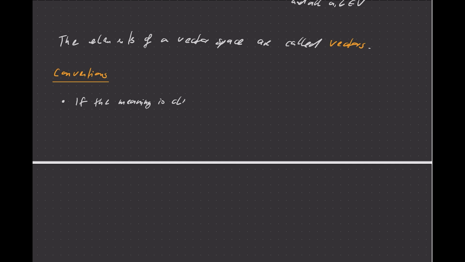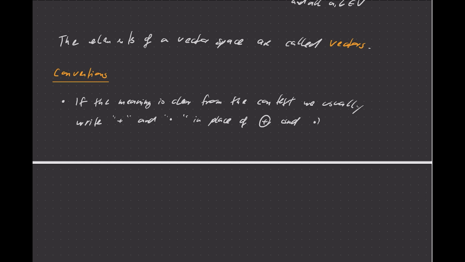If the meaning is clear from the context, we usually write plus and dot in place of plus with a circle and dot with a circle.